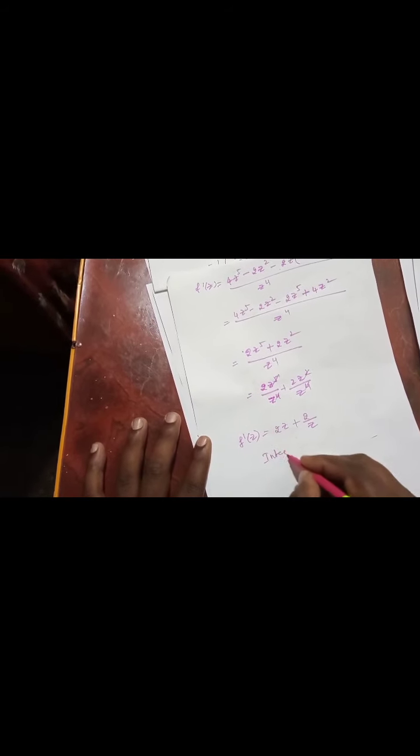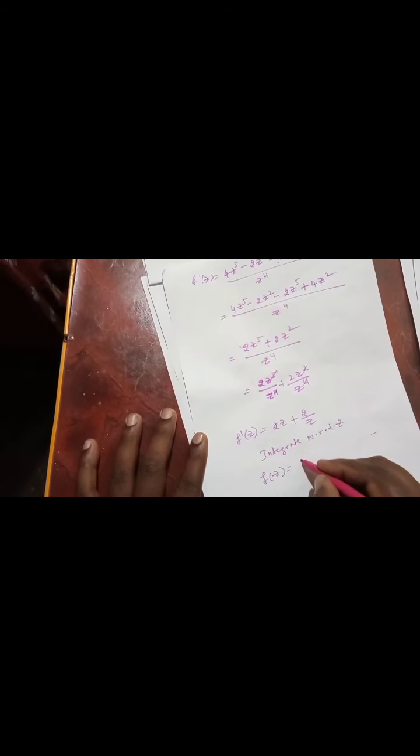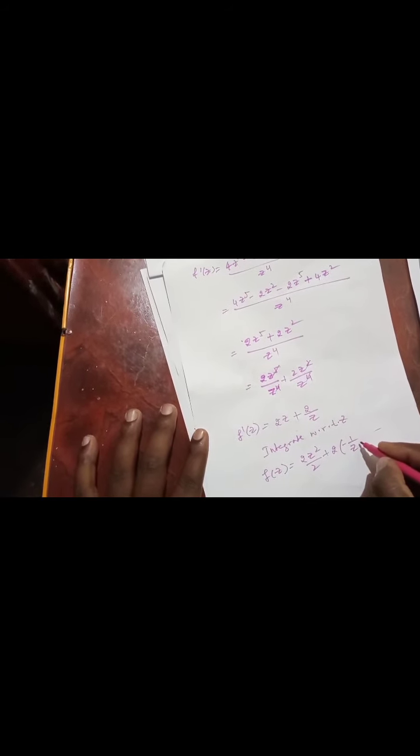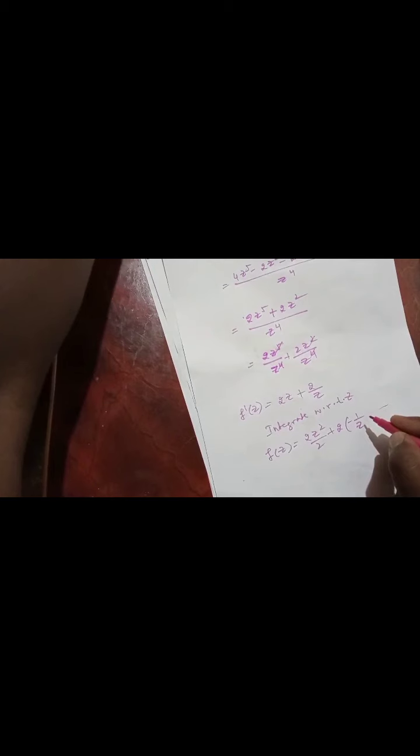Integrate this with respect to z. So f of z equals, what is the integration of 2z? Write 2 as it is, z square by 2. Integration of 1 by z square is minus 1 by z.